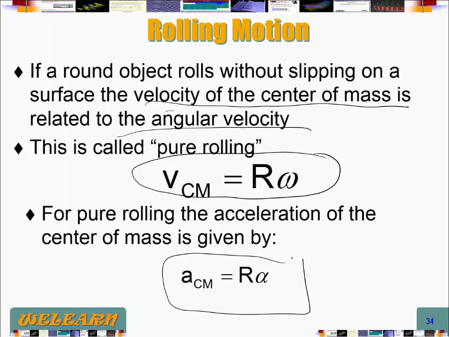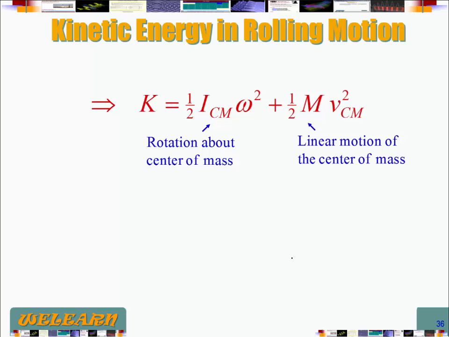Now, when that's the case, we have two types of kinetic energy. The object is rolling about itself, so it's going to have rotational kinetic energy. That's 1/2 of I relative to the center of mass times omega squared.